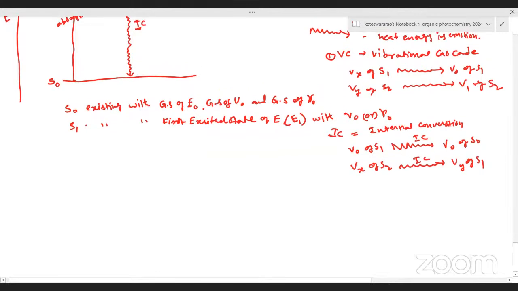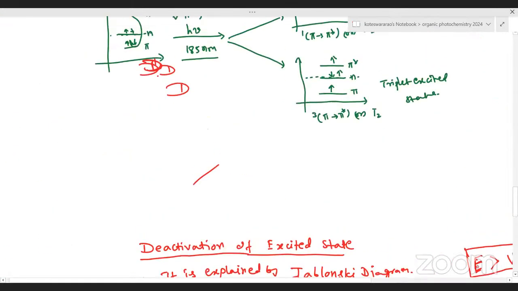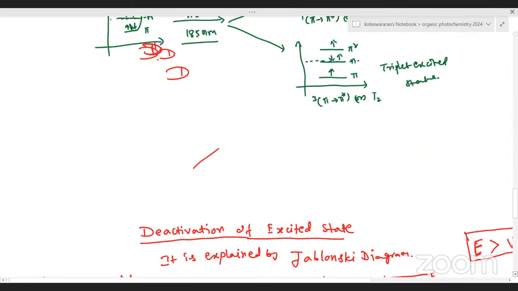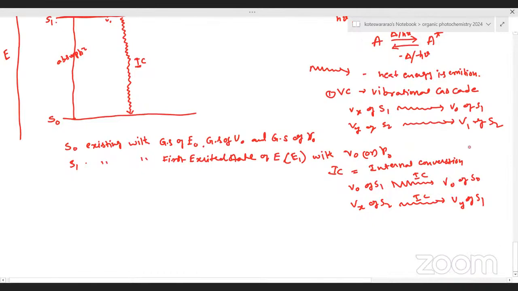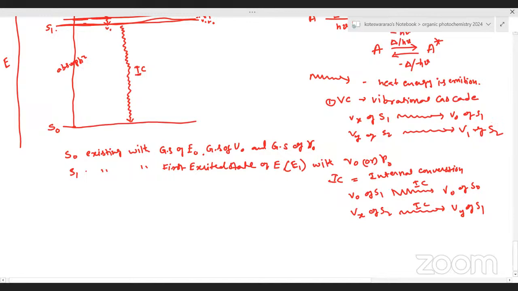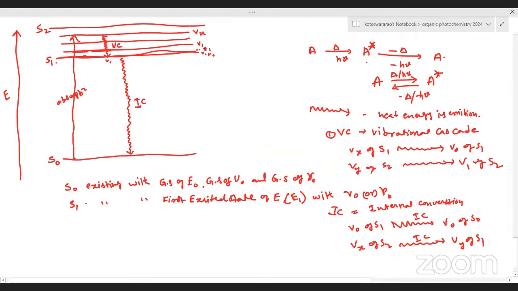Or either way, from this V0 of S1 state, it may reach some nearby triplet energy level by changing its spin.